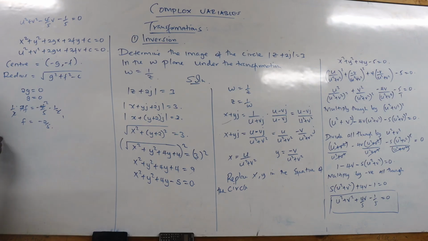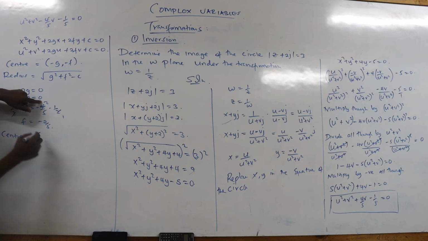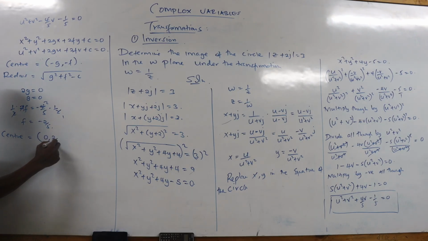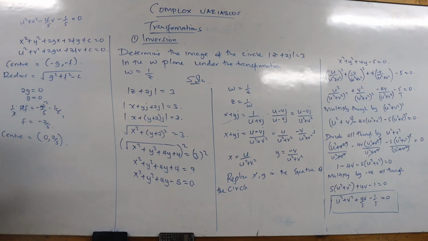So therefore, your center is given by negative g, negative f. Our g is 0, so either positive or negative, it is just 0. Then negative f. If f is this, the negative of it will be 2 over 5. So that is your center.